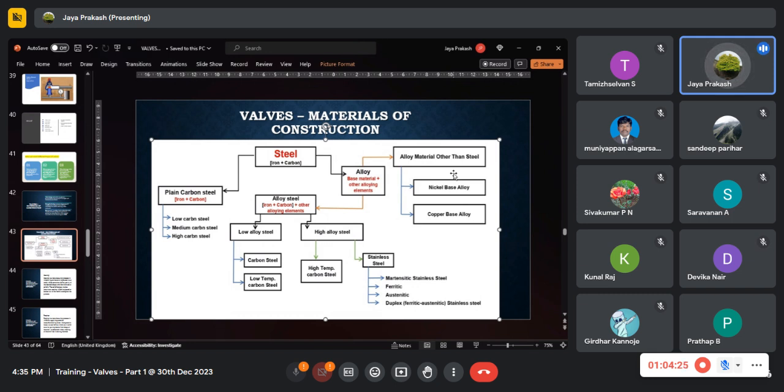Nickel-based materials like Inconel, Hastelloy, and other such materials are called nickel-based materials. Copper-based materials are aluminum bronze and nickel aluminum bronze. These are copper-based alloys.